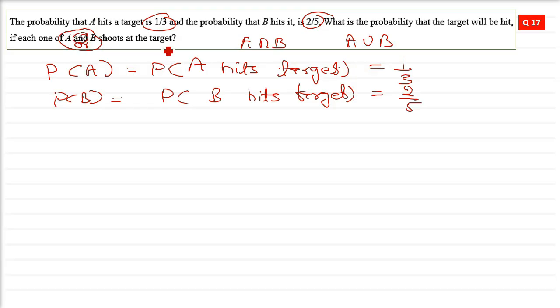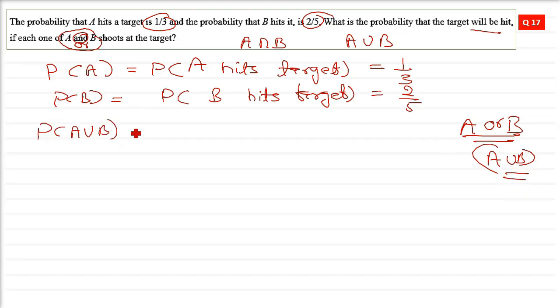But here, A and B is preceded by the phrase, if each one, either A or B. So this is a question of finding A or B. That is, we are talking about A union B. Each one of A and B shoots at the target, that is, either A or B shoots at the target. I hope you got the idea. This question seems to be A intersection B, but it's not. It's A union B. So the probability of A union B has to be computed.